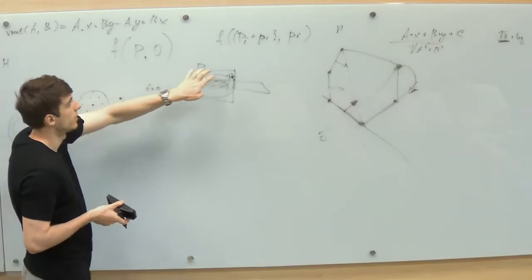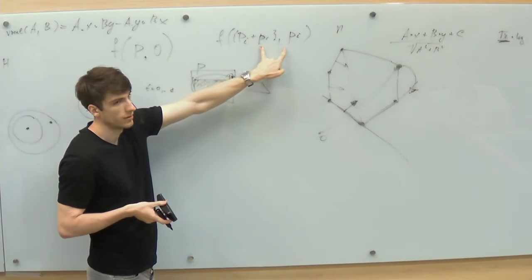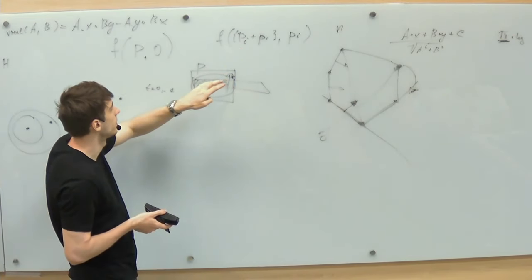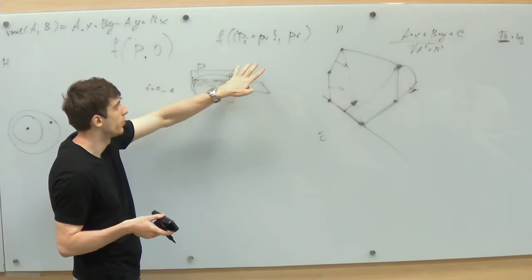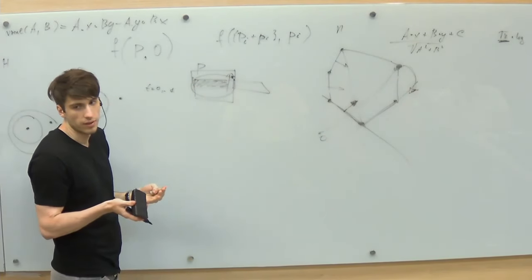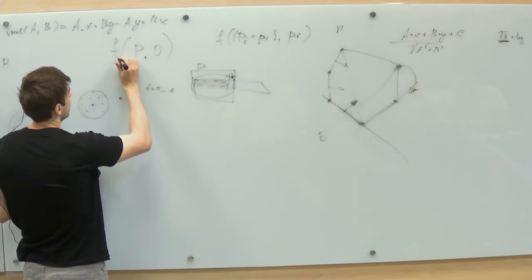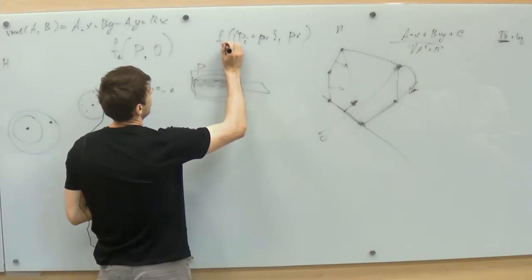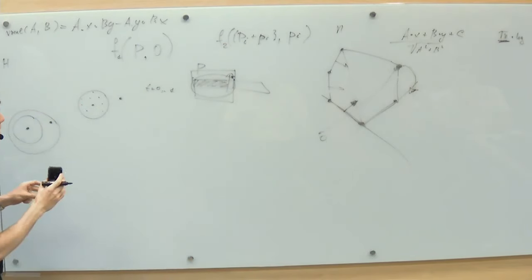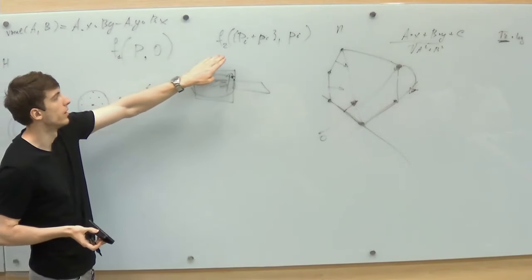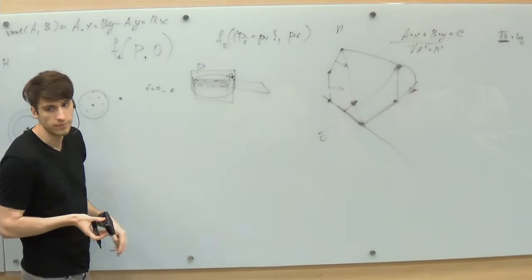But we don't yet know how this algorithm works. And it only differs in one thing, that for this algorithm we've already proven that for some point we know that it should lie on the final boundary. So let's call this problem F1, and this problem F2. So they are kind of similar. F1 uses F2 to solve itself, but we don't yet know how to solve F2.